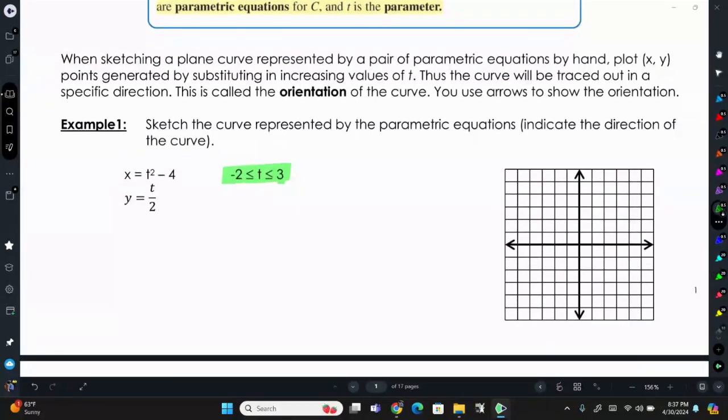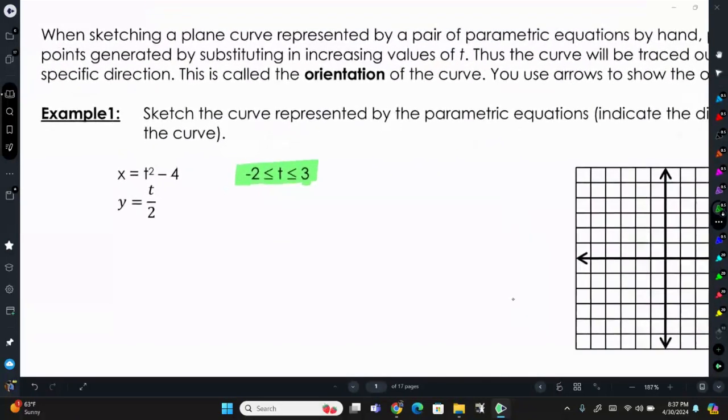So we're going to substitute in values of t, starting at negative 2. So negative 2, negative 1, 0, 1, and 2. And then we're going to have our x value and our y value.